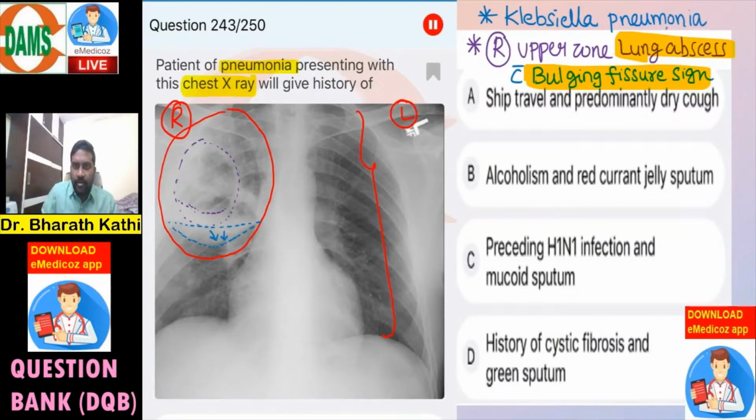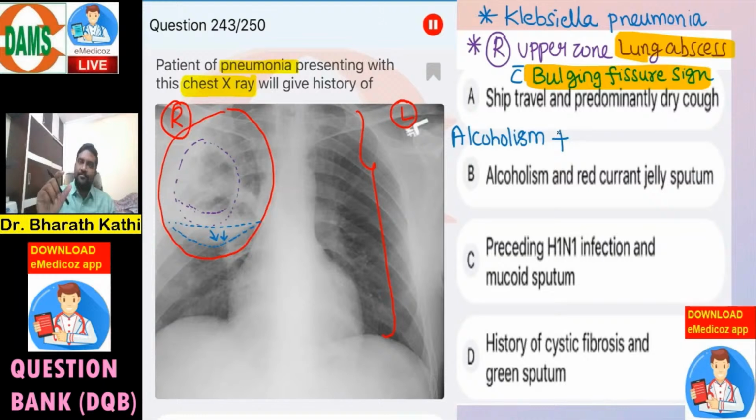Now, what are the risk factors for Klebsiella pneumonia? The risk factor is alcoholism. And what is the characteristic clinical finding? There will be thick, gelatinous, reddish sputum.